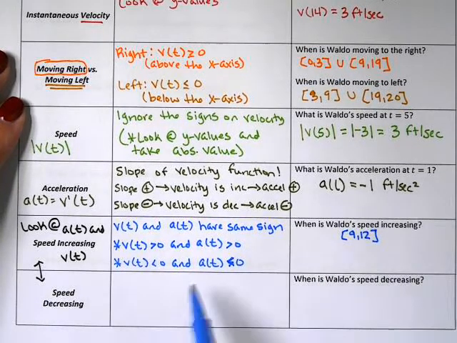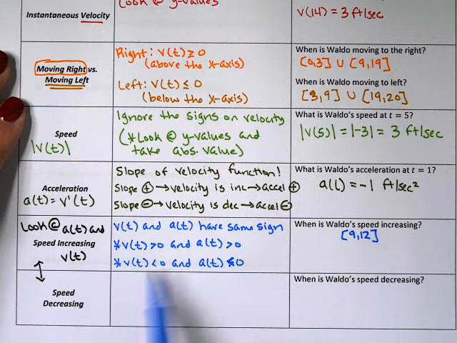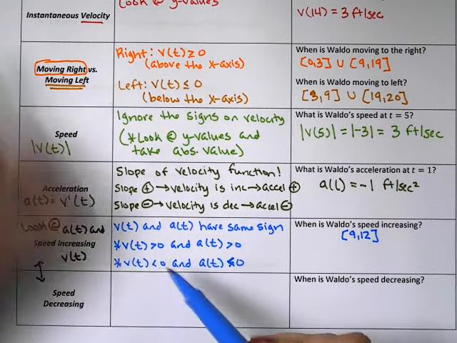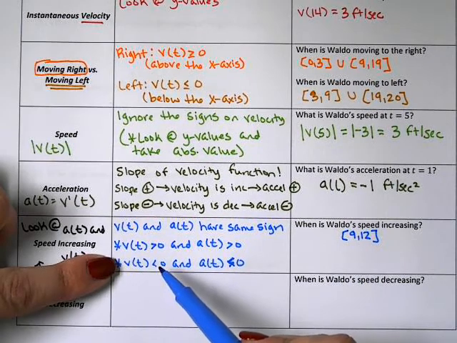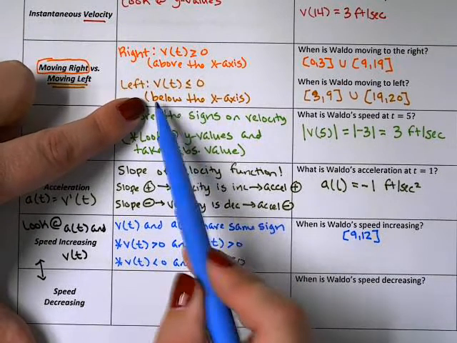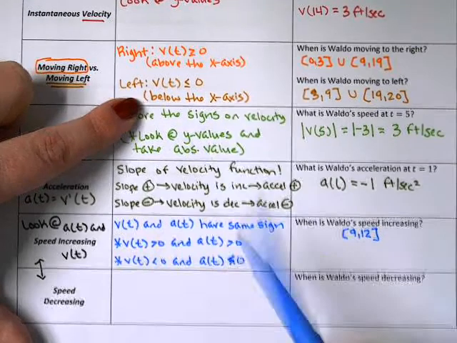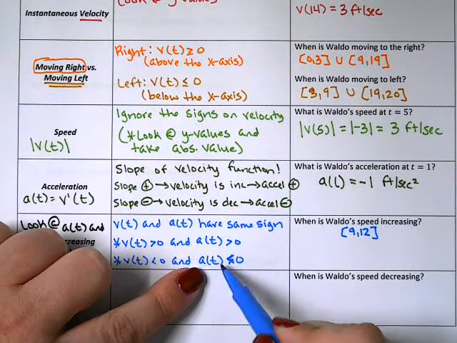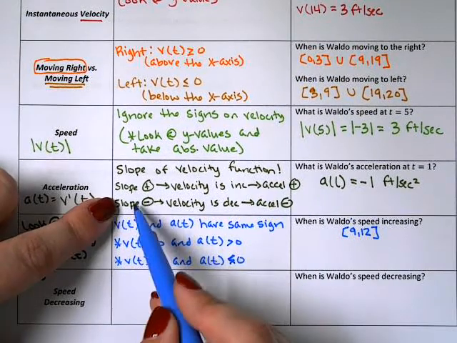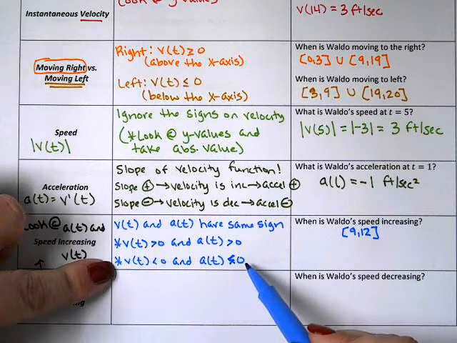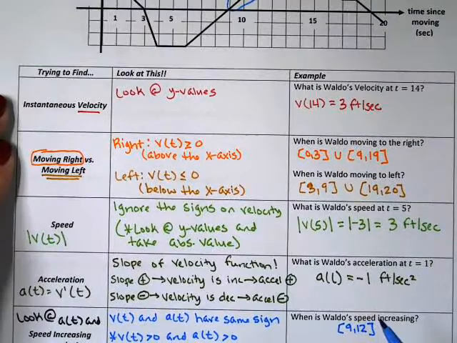But we have to remember that it could also be when the velocity and acceleration are both negative. So if we're looking for the velocity to be negative, that means anything below the x-axis, and a negative acceleration means I want a negative slope. So I want below the x-axis with a negative slope.